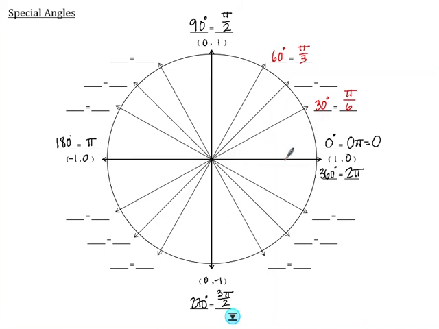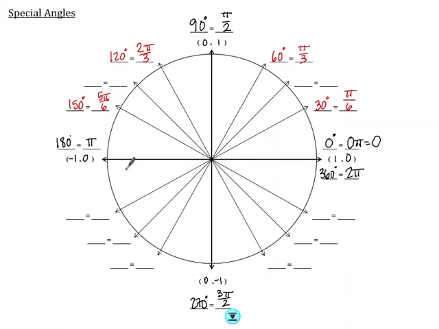If we continue counting by 30 degrees, we would have 90 degrees, then 120 degrees, then 150 degrees. 120 degrees is going to be 2 pi over 3 radians. 150 degrees is 5 pi over 6 radians. And all I'm doing to get those values is multiplying 30 degrees or 60 degrees.